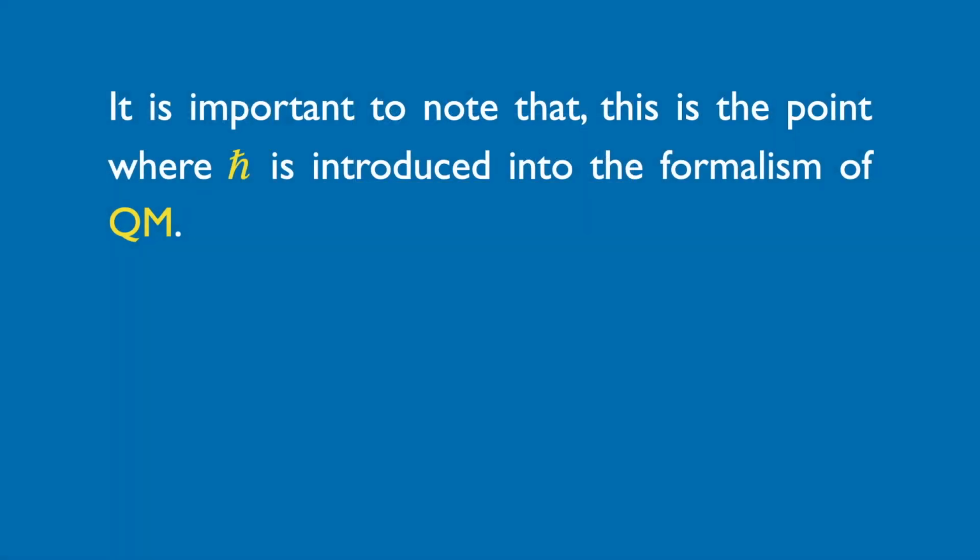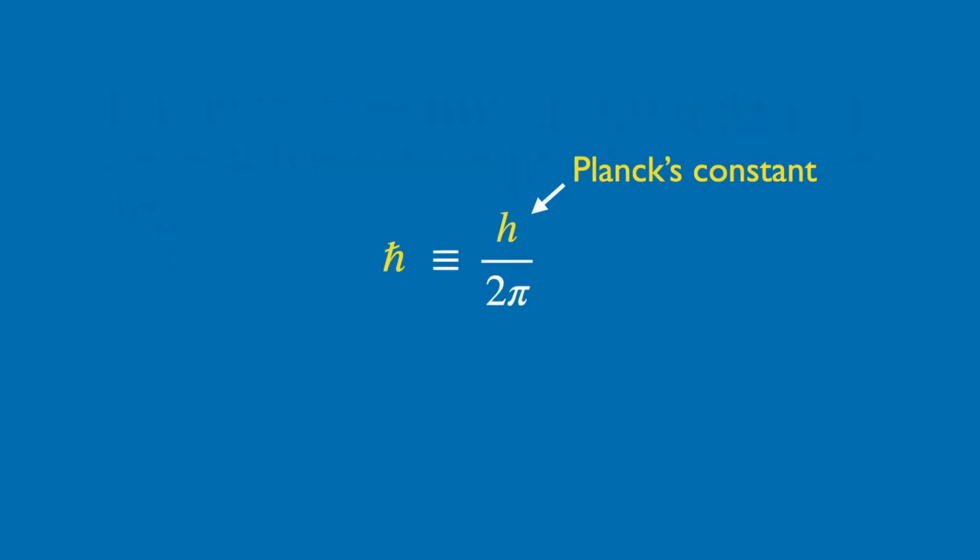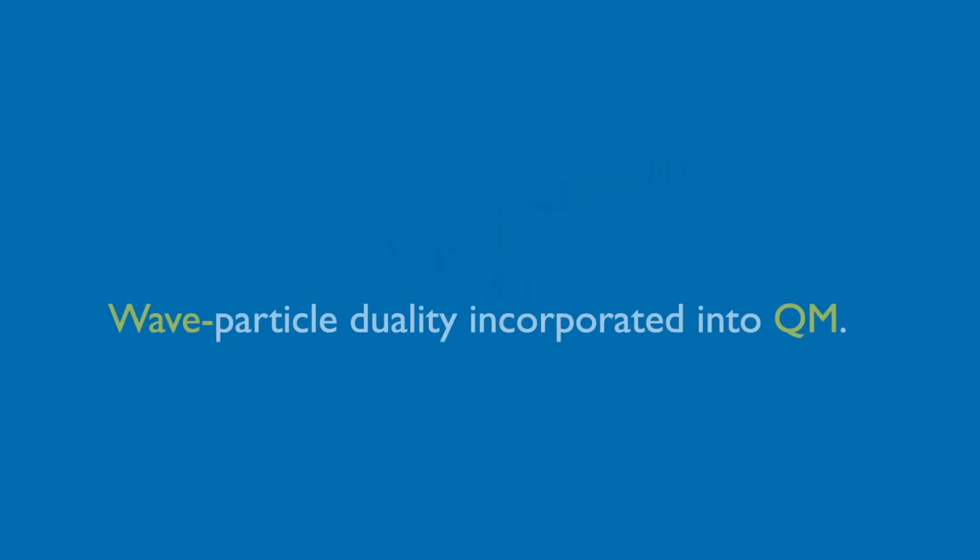It is important to note that this is the point where the constant h-bar is introduced into the formalism of quantum mechanics. Just to remind you, h-bar is the reduced Planck constant with a factor of 2π in its denominator. In this way, we incorporate the principle of wave-particle duality into the theory.